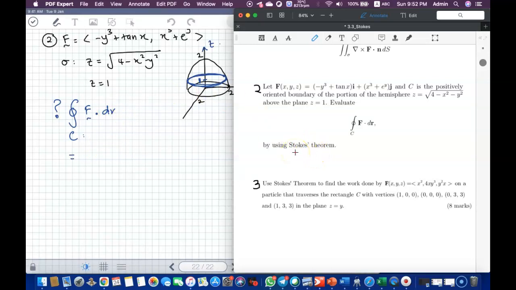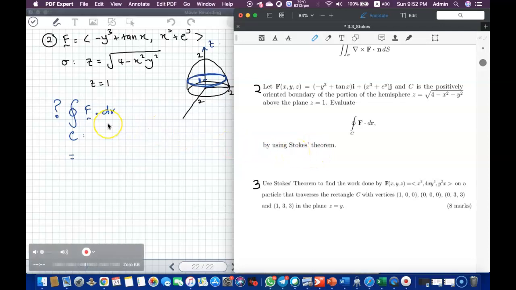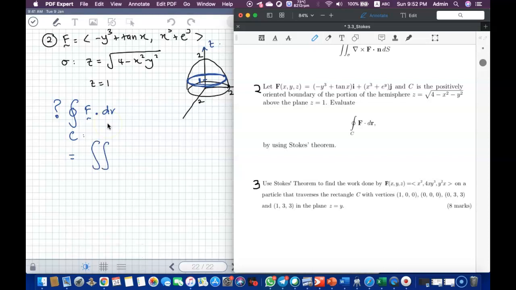So using Stokes' theorem, the line integral can be determined by the surface integral of curl F dot n dS over the surface sigma.